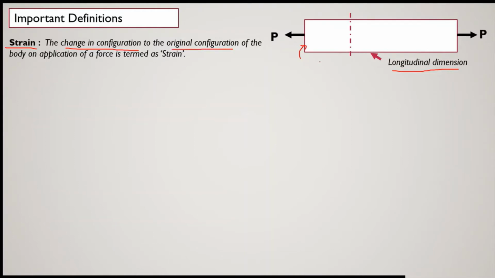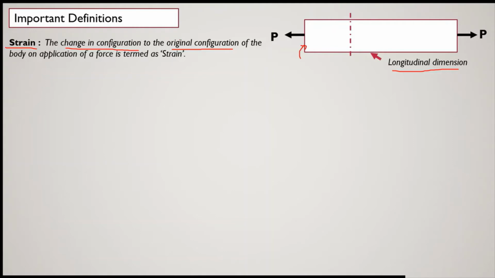Suppose this member has some length L, and when you try to apply force, it will resist, and when your applied force is more than the resisting force, then this material may get some extension. That means its length may increase.